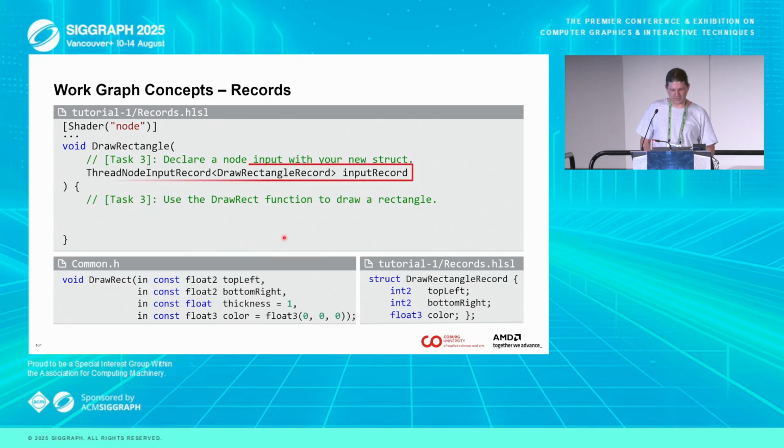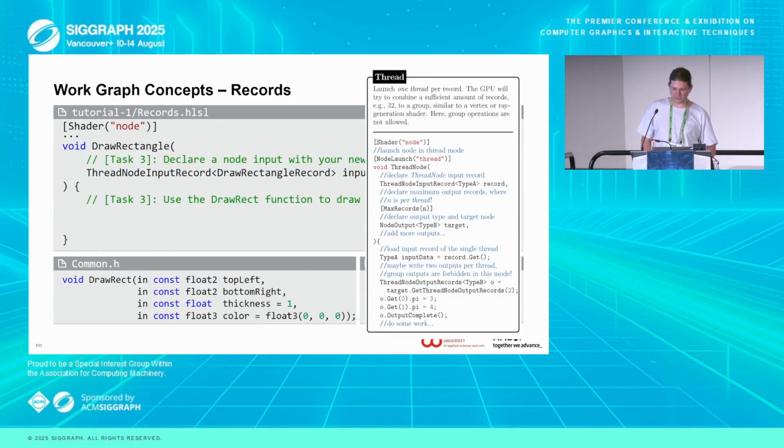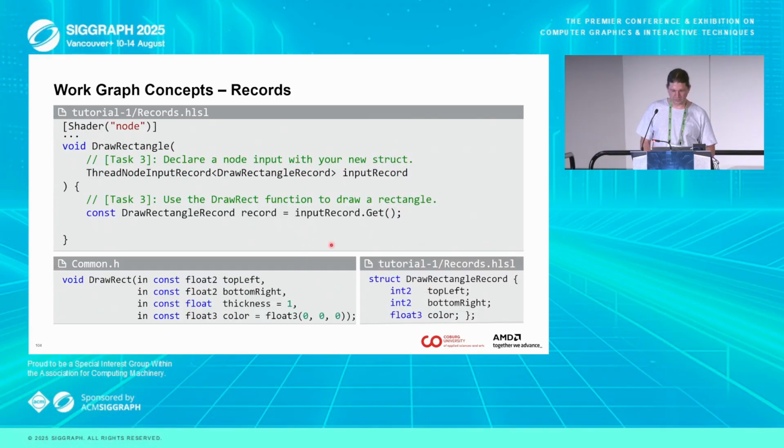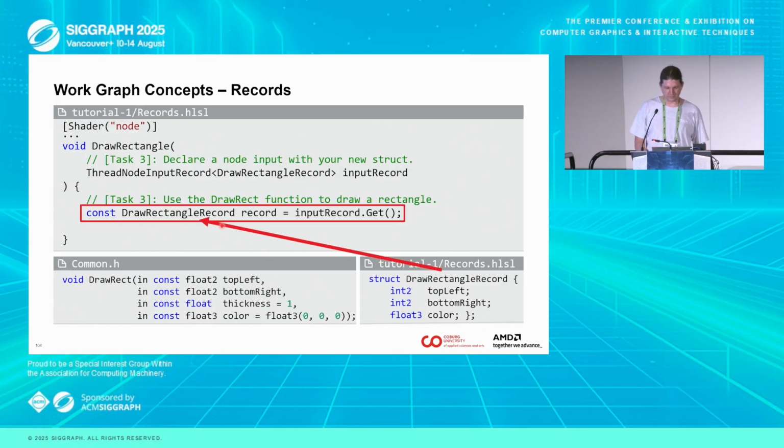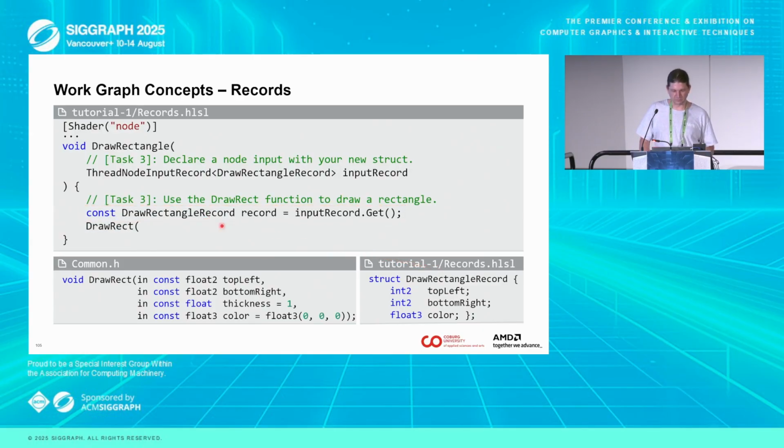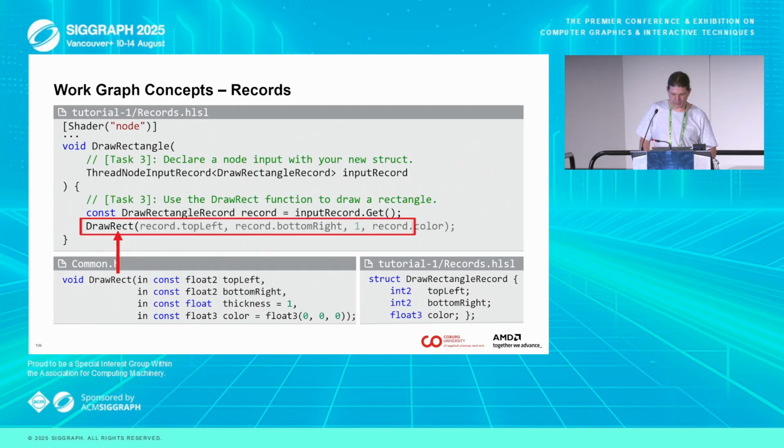And once you have this here, right, here's the little record that you put in here. And once you have this, again, refer to this cheat sheet over here, and there you can see how you can consume such a record with a .get function. So all you got to do is call the .get function, then you have the actual record right here, and then you can configure a drawRect function that we already provide for you with the appropriate data.